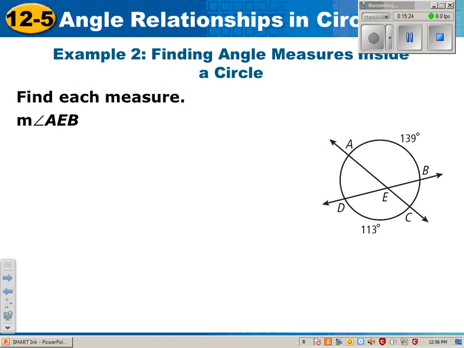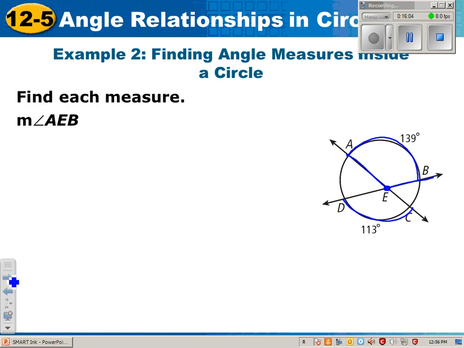A, E, B. Where's the vertex? Not in the middle. It's not at the center, but it is inside the circle. So we know it's not going to be exactly the same as the arc. It's going to be half the what? Sum. So we have to find the two arcs that we need to add and take a half. Which two arcs do we want to add? AB, I heard, and DC. Again, if you're confused about which two arcs, it's the one inside the angle you're referring to and the one that is opposite it, or the one created by the vertical angle.